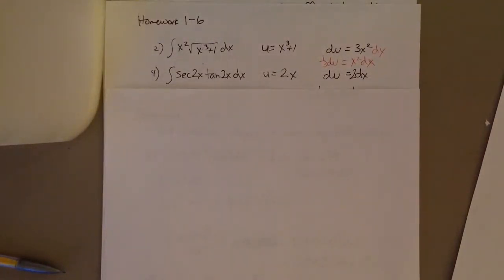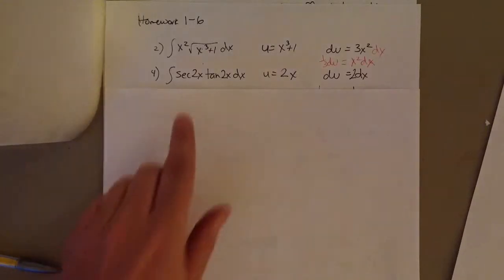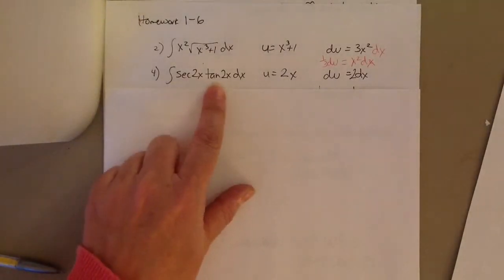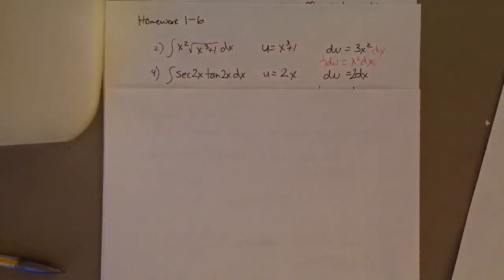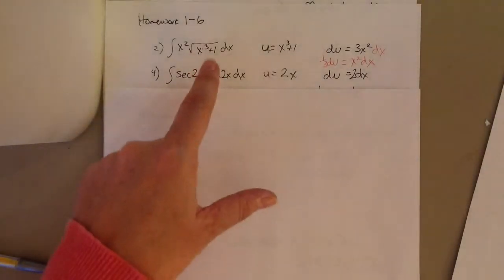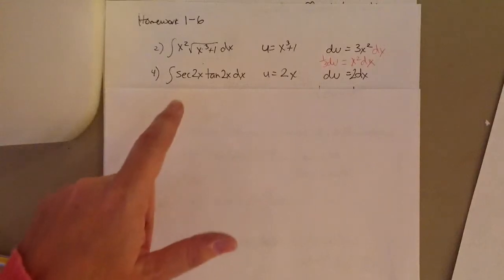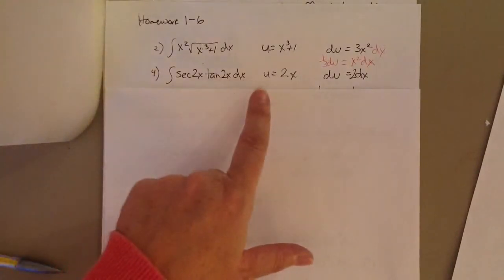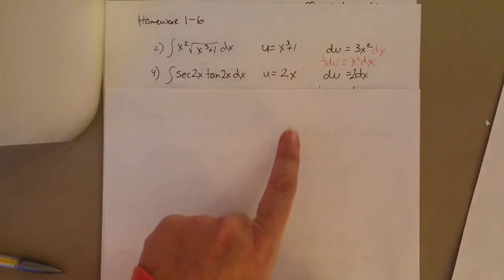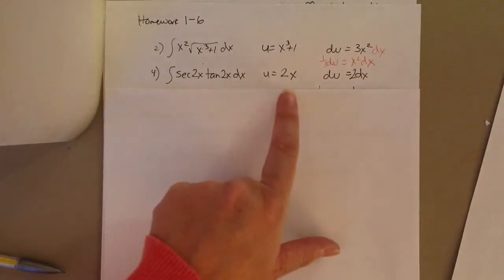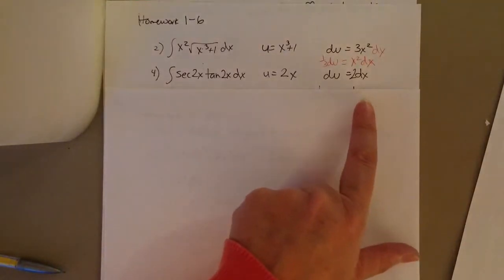Number 4, antiderivative of secant to the 2x times tangent to the 2x. Well, I know the pattern that when I take the derivative of tangent or secant, either one of them comes back with a square, so that doesn't help. So I'm going to let my u substitution be 2x. So u equals 2x and du equals 2 dx.